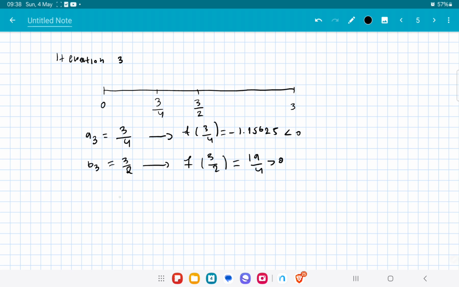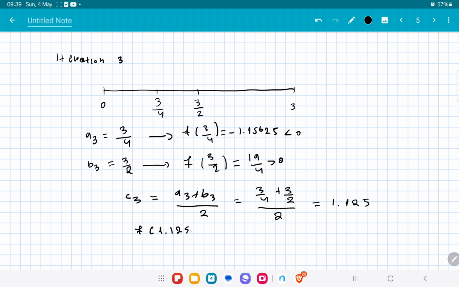And now I have to find my c3, the midpoint. So I have (a3 + b3)/2, that's (3/4 + 3/2)/2. So my c3 is 1.125. I evaluate the function at this c3: 2 times 1.125^3 - 2, approximately equal to 0.85.